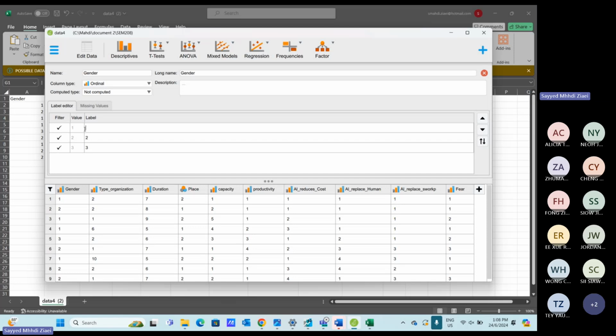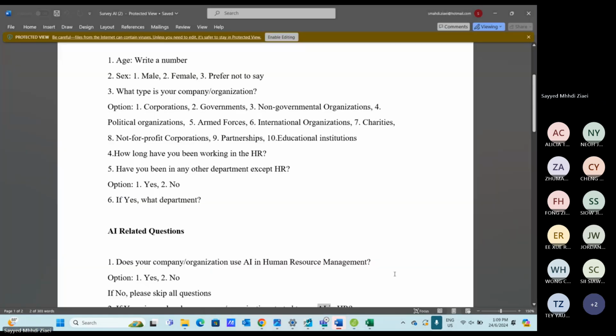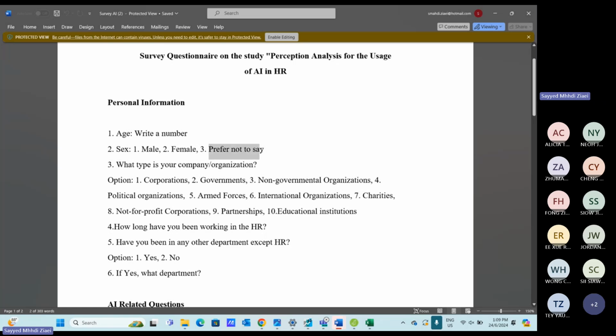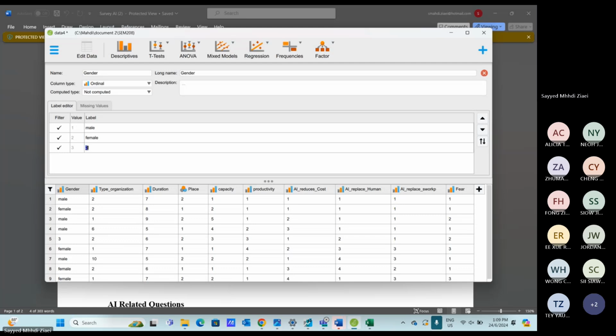So 1 for male, 2 for female, and 3 for what we have in our survey, prefer not to say.